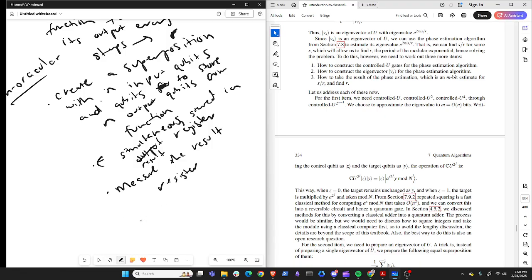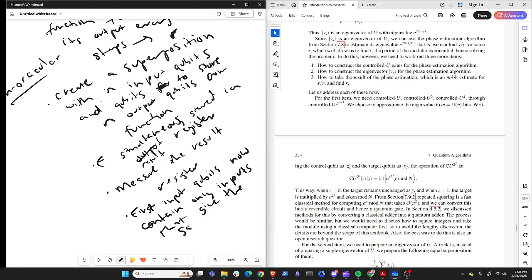And since everything is entangled, since we created the superposition, this makes the first register, the one with our input qubits that we initially started, now contain only inputs that give the same output. Everything else collapses.